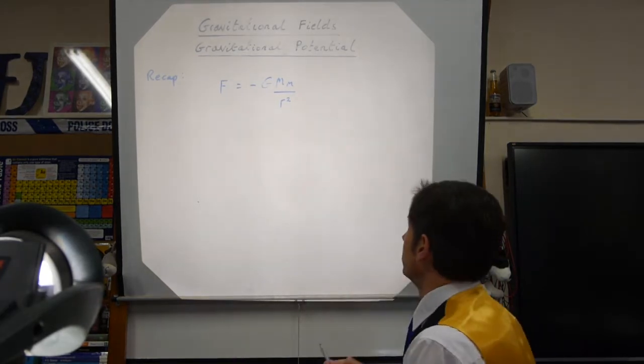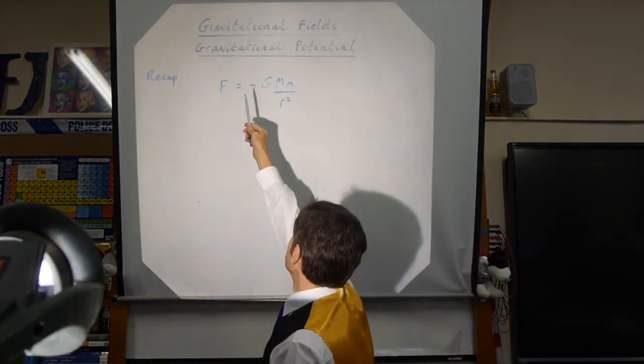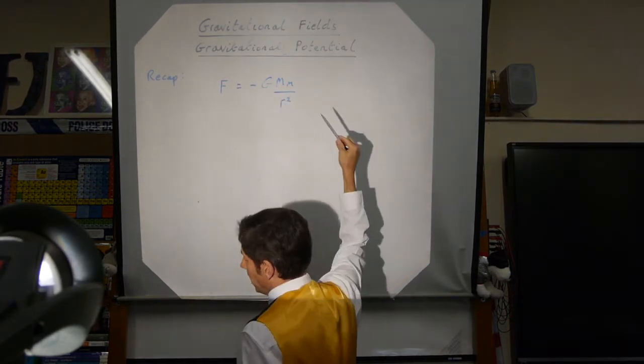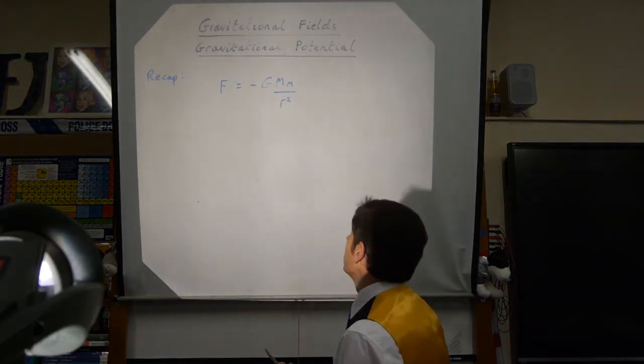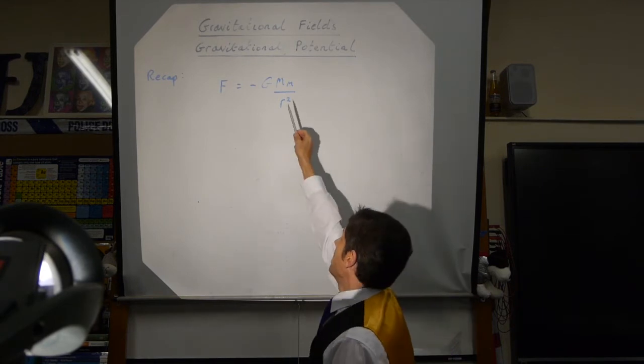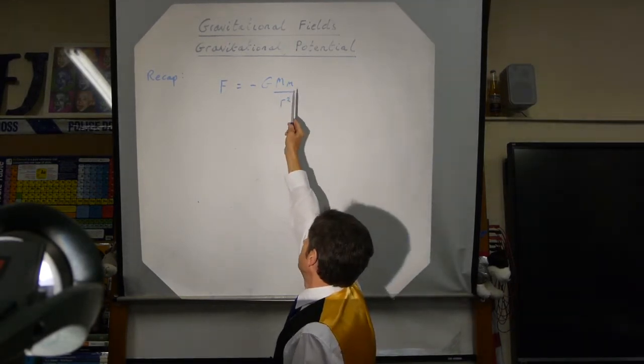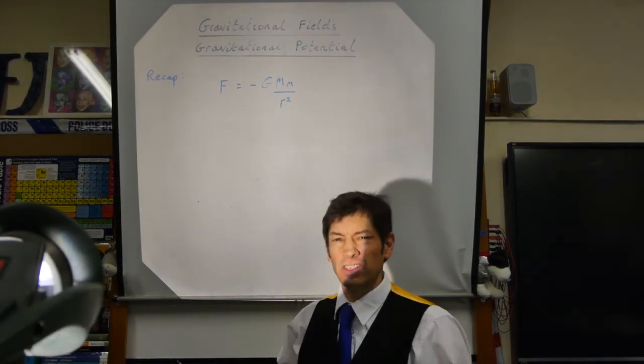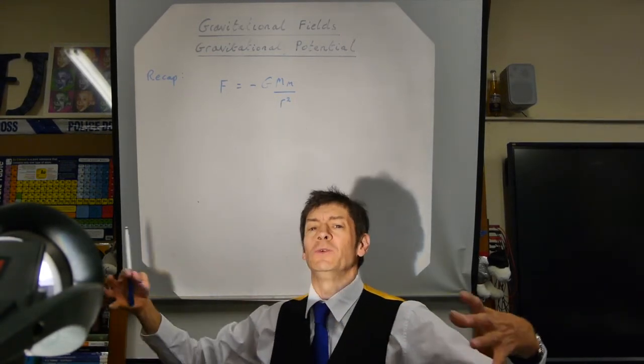Remember that the minus shows that the force is towards the mass and the r is moving away from the mass. The other thing to note is it doesn't matter which way round you put the masses, but typically big M is the one that you'd visualize as doing the attracting.